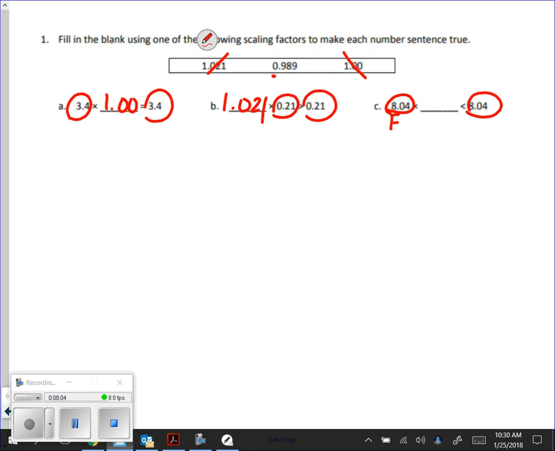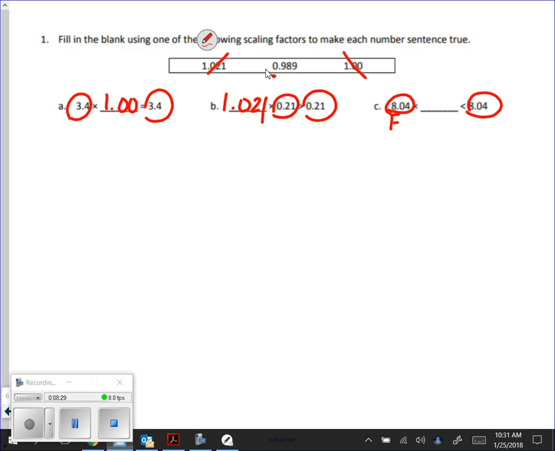What's in the ones place? 0. All your numbers are behind the decimal. There's a 0 in the ones place, so it's less than 1. There's nothing over here. Everything's behind the decimal, so it's less than 1.